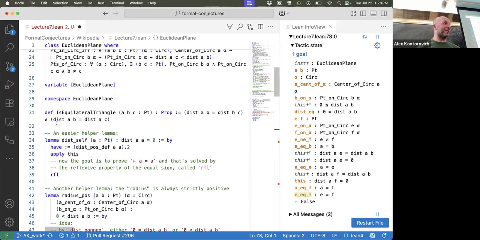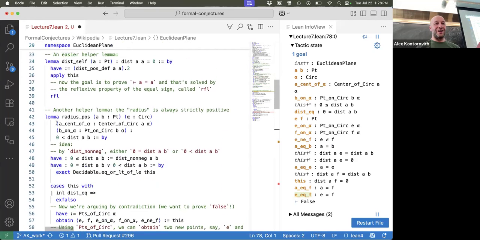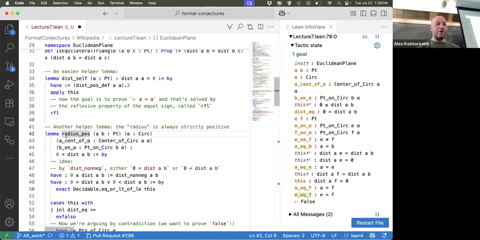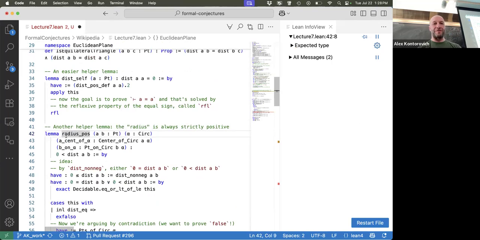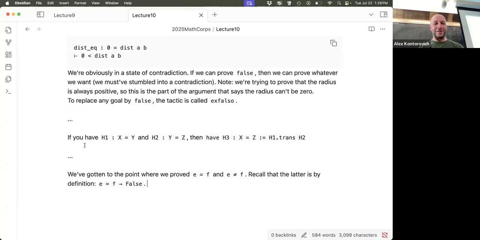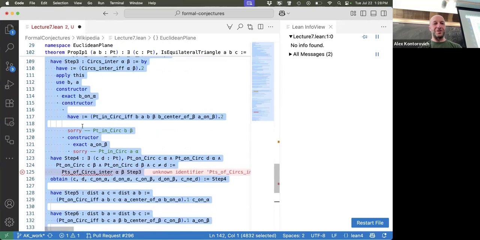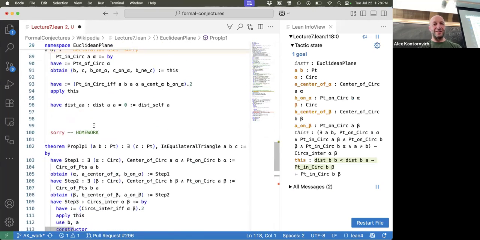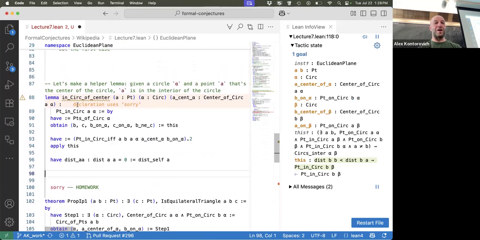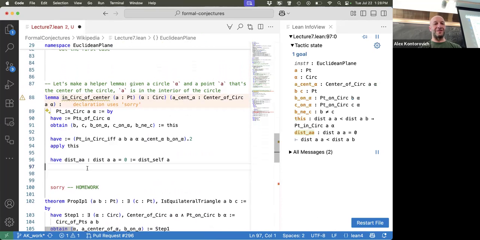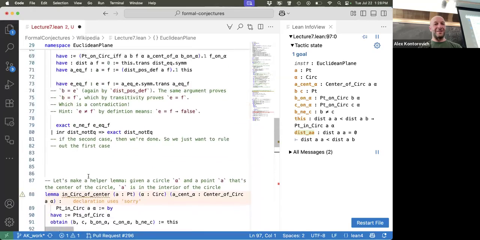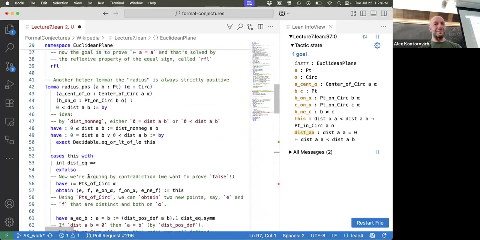Okay, here's your homework. I'm gonna put all of this code in the main file. Your homework, should you choose to accept it, is to try to complete the proof of circ of center.